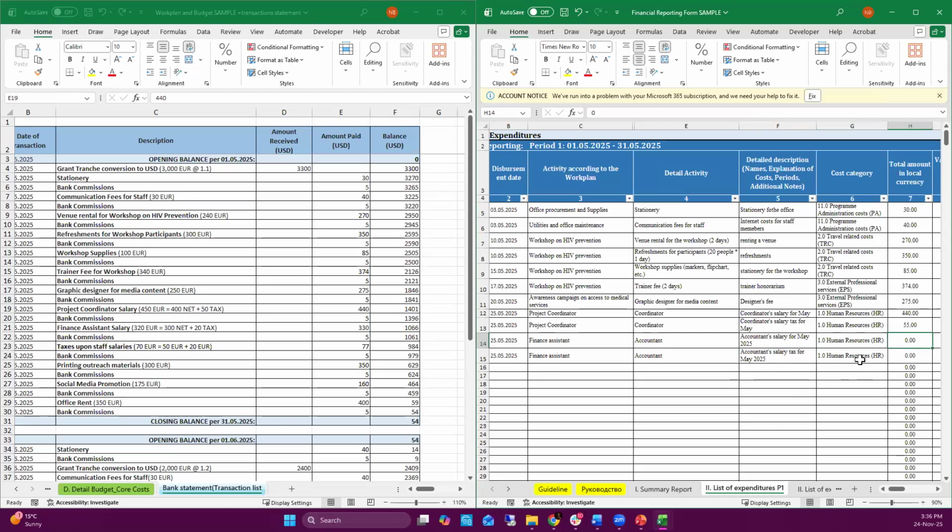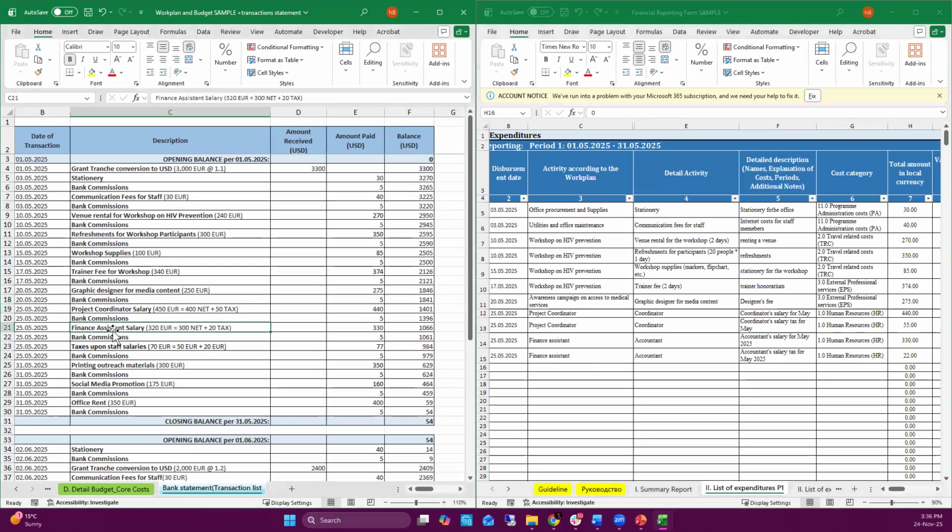And we'll have way fewer questions to you afterwards. So it will be 20 euros multiplied by the respective rate, and it will be 22 USD. Okay, so by those transactions, we have input this expense, and this expense.